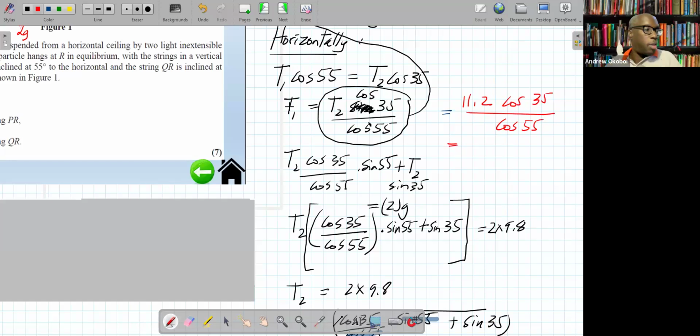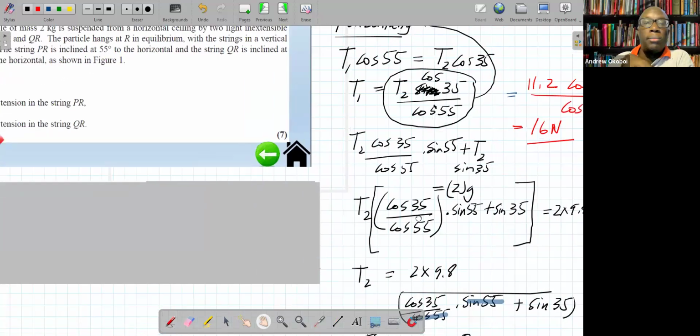And we'll get that answer. I'll do it off the screen since it's obviously much easier. So 11.2 times the cosine of 35, all divided by the cosine of 55. And I get 16 newtons. So we have T1, which is 16, and we have T2, which is 11.2. So I'm going to show you the mark scheme here.